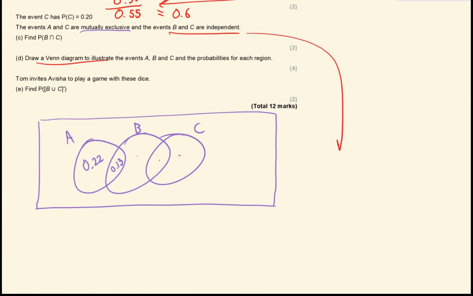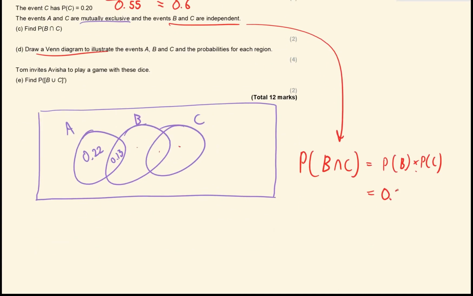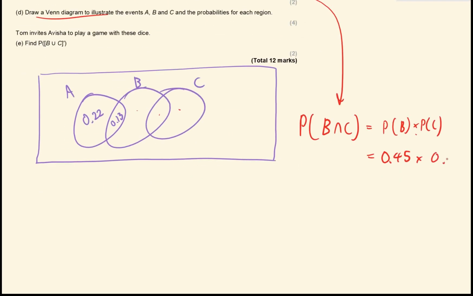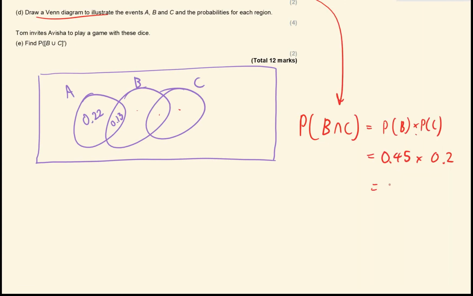So again, our test for independence, and you are given this, states the probability of B and C is the probability of B times the probability of C. And these two things on the right we do know. Probability of B, we're told, is 0.45. Probability of C, we're told, is 0.2. And if we times those together, that will give us the probability of B and C, which is 0.09.